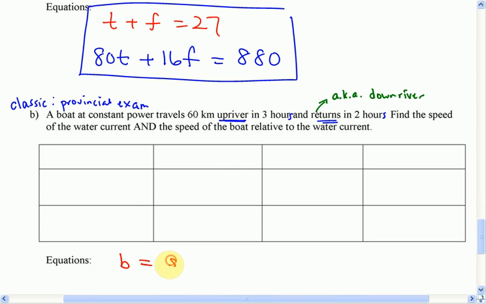B equals the speed of the boat. And what else are we looking for here? What's my other variable? Current, right? The river flow. C. Speed of the river current. Cool.